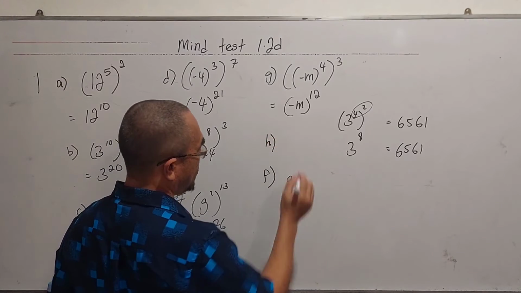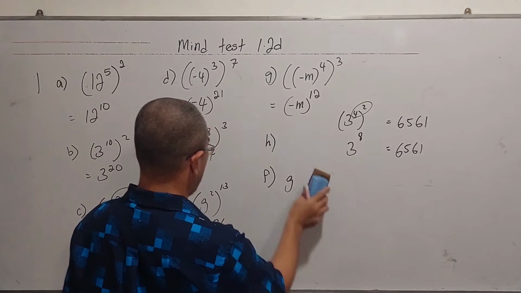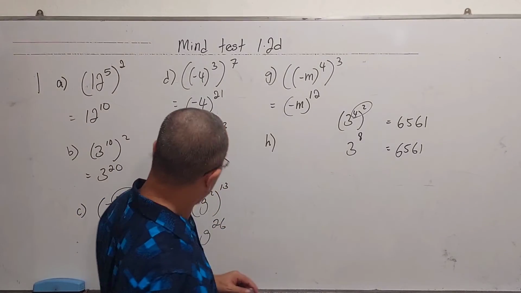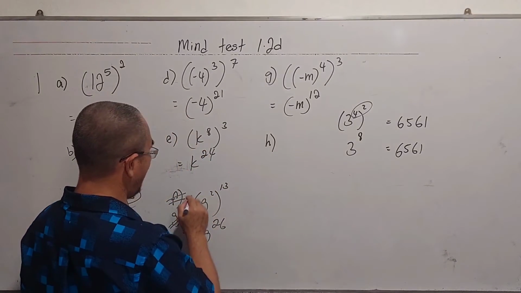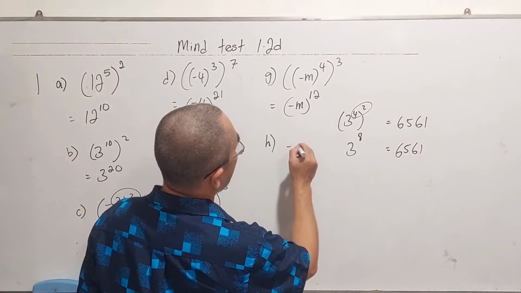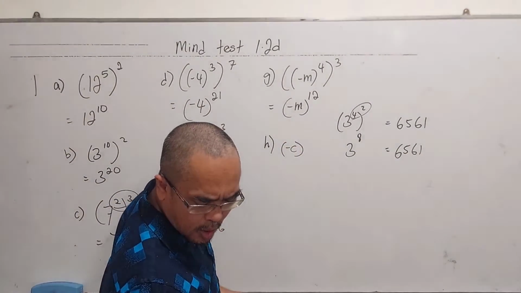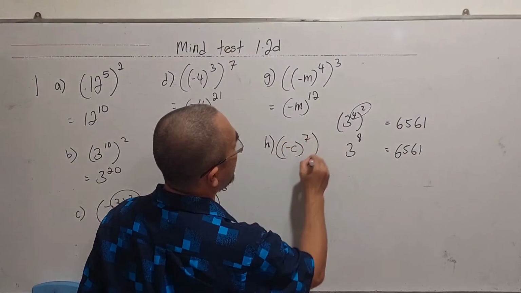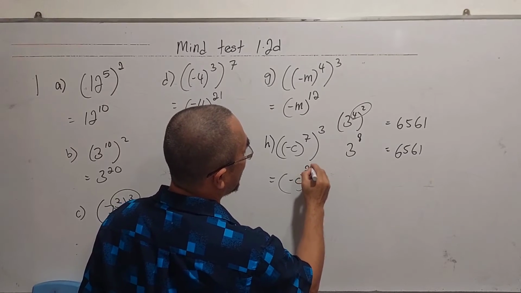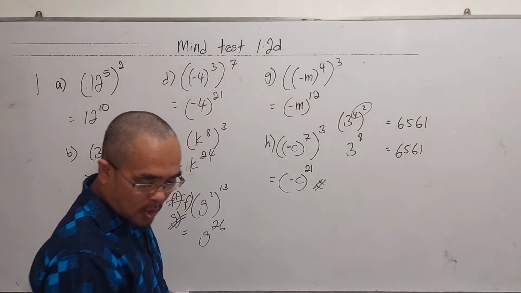And last one, H. Negative C 7 to the power of... This is F. The question F, right? Okay. Negative C to the power of 7 to the power of 3, it will be negative C to the power of 21. Okay.